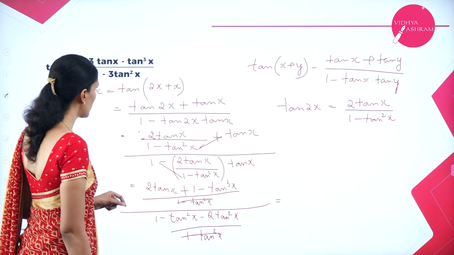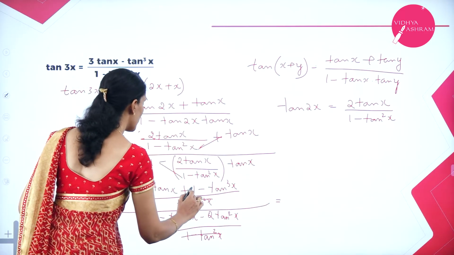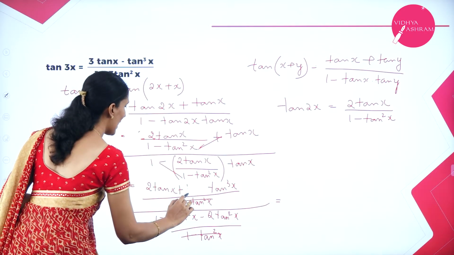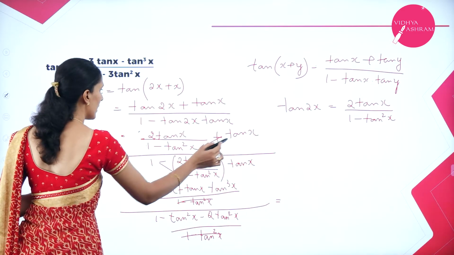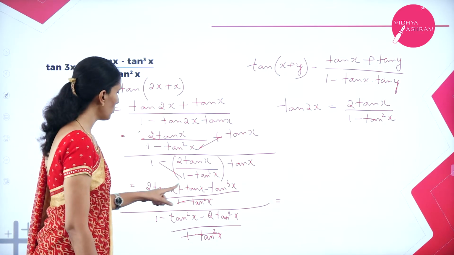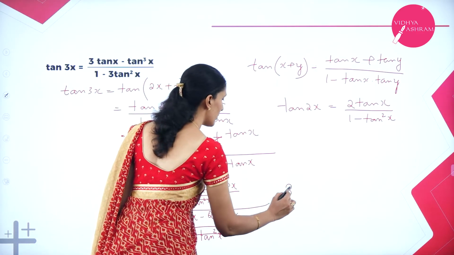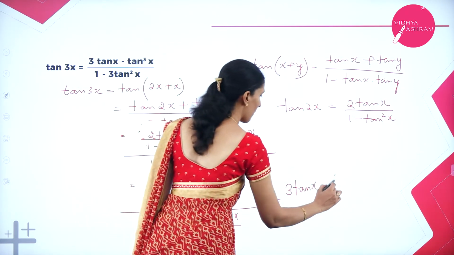Now just see here. You got 2 tan x plus, when you multiply this, this becomes tan x, because tan x into 1 is tan x. Tan x into minus tan square x is minus tan cube x. So now 2 tan x plus tan x is 3 tan x, and you have minus tan cube x there.